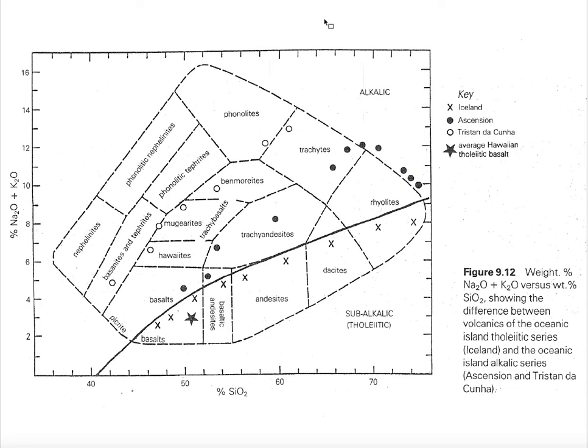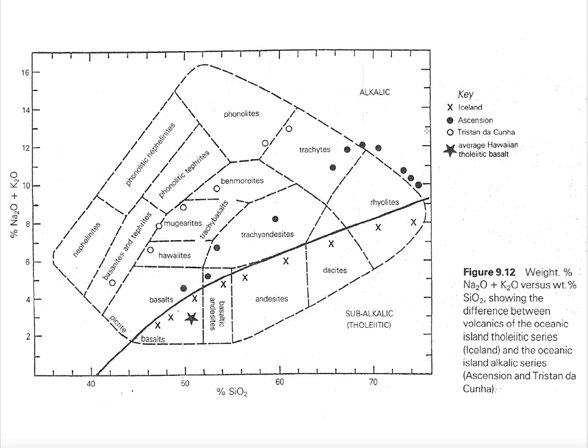This axis here is the composition of Iceland. In Iceland you can find basalts, basaltic andesites, dacite, and rhyolites. We have the whole sequence from mafic to very acid. It's actually very nice.